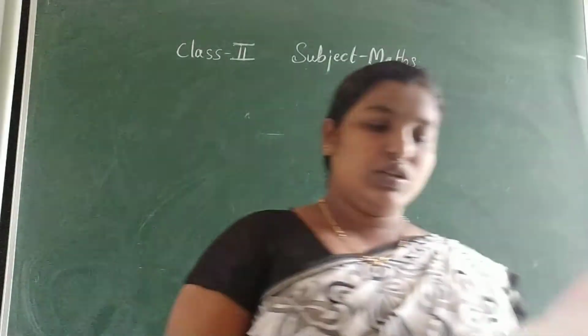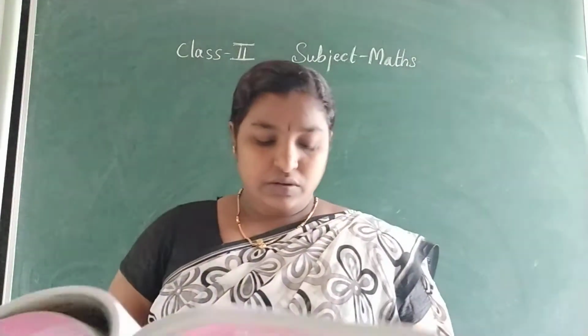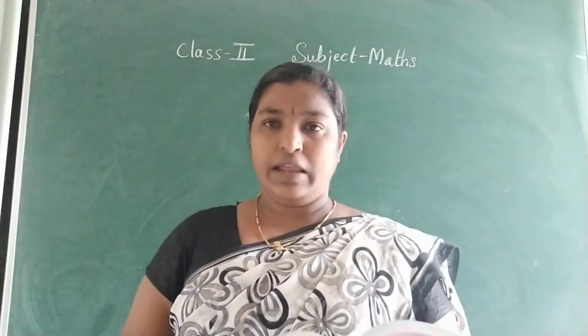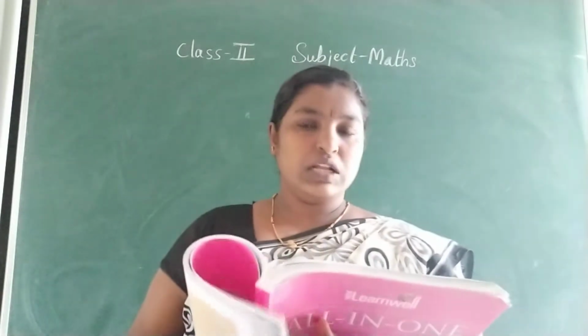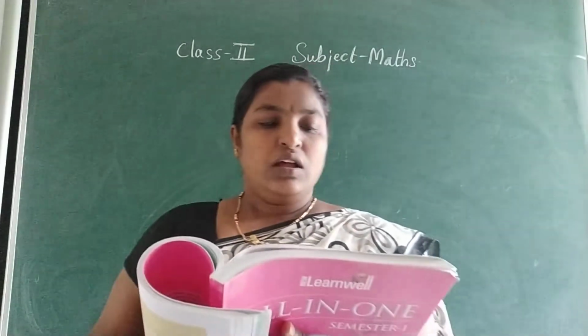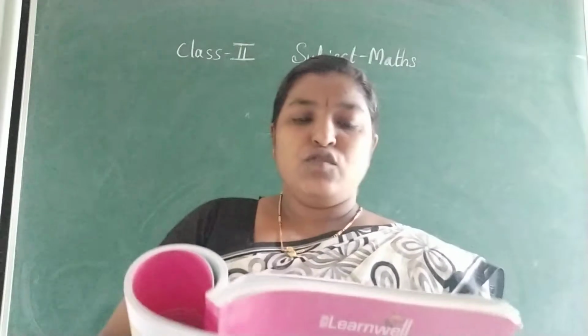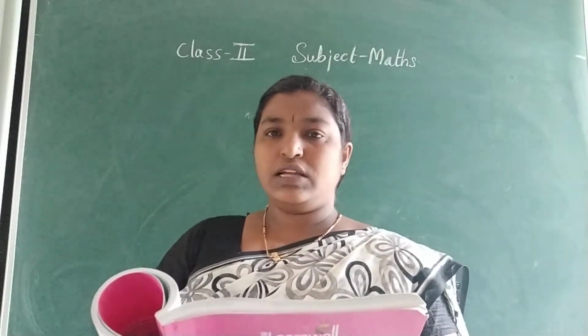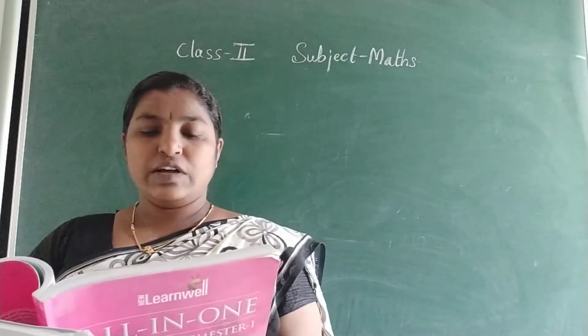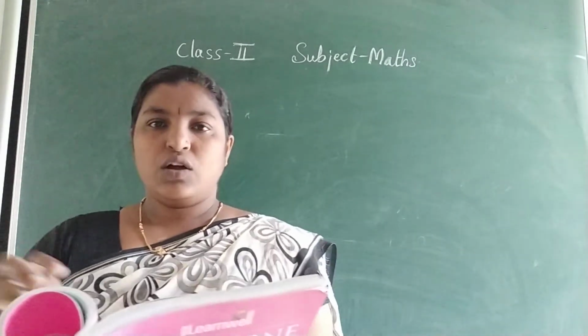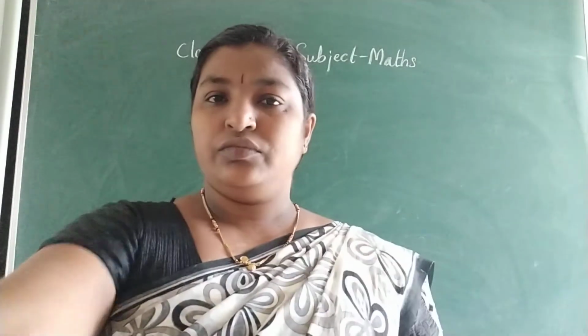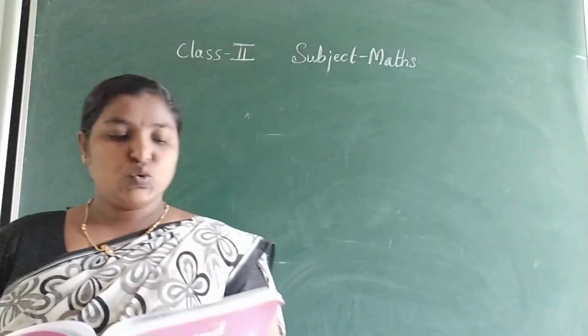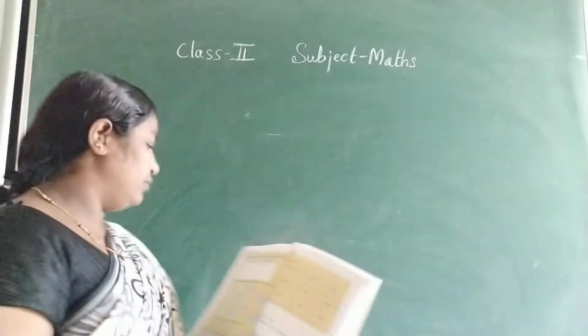Now let's open the textbook. Open your textbook, page number 188. Quick check: write the place value of the encircled digits and complete the chart. The first one they have done. Let's do the quick check, first one.